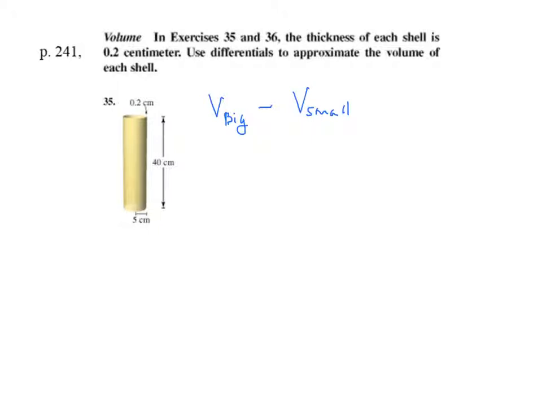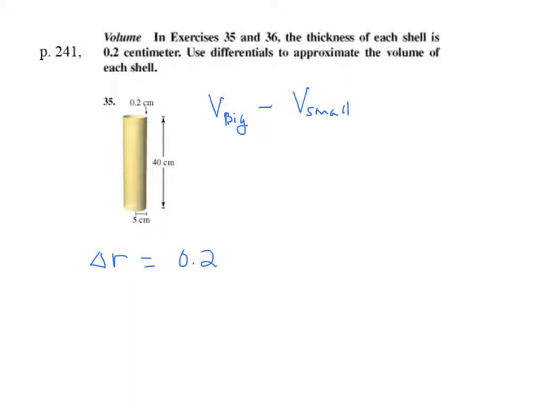And so our anchor will be the big cylinder that's got a radius of 5 centimeters, and then we'll use the change in our radius. So in other words, we can tell that delta r is going to be 0.2.